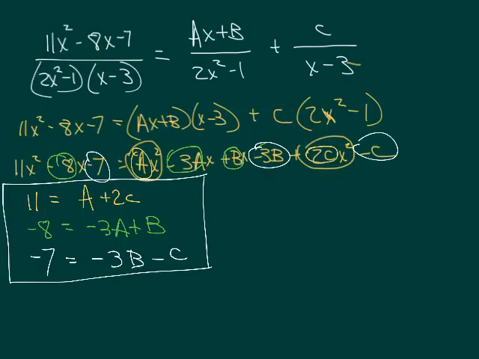There is my system of equations. So I'm going to use my formula for finding system of equations, and I will find out that my a is 3, my b is 1, and my c is 4. So then I can take up here and put a 3 in for a, 1 in for b, and a 4 in for c, and that then would be my answer with these numbers in their place.